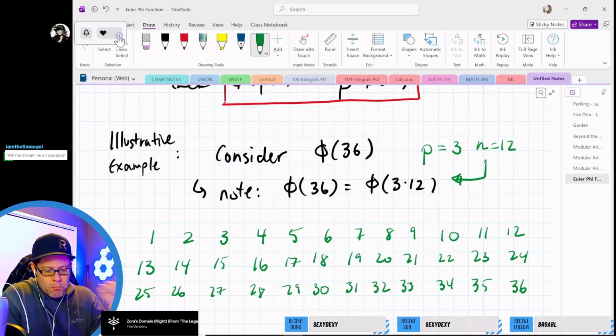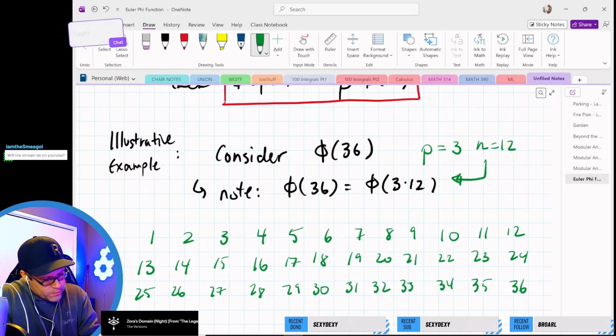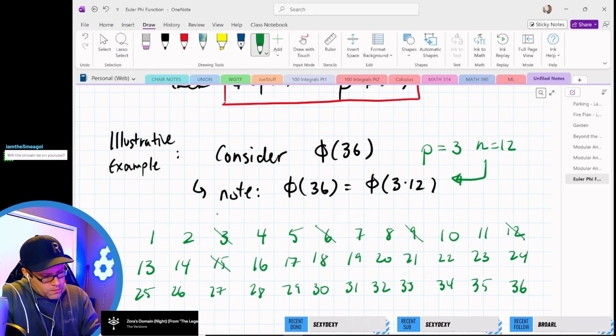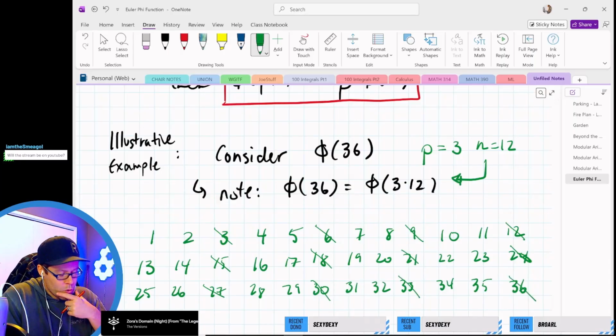We know that any multiple of 3 we have to remove. So let's go through and just remove our multiples of 3. So 15, 18, 21, 24, 27, 30, 33, 36. So that's removed our multiples of 3.